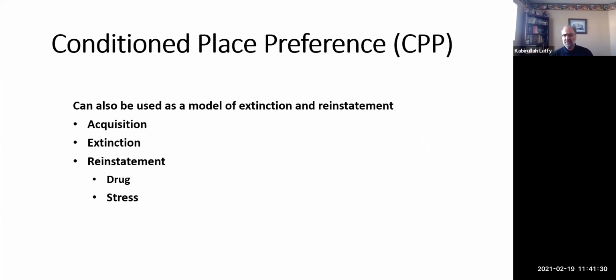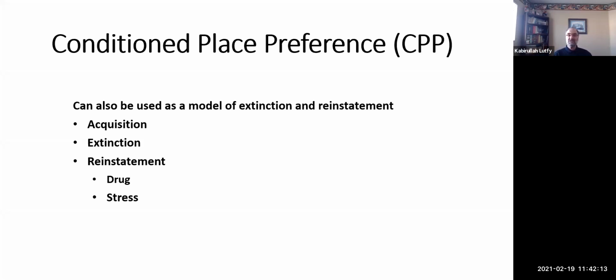You can use this for different phases of addiction, although people say it's not used as a model of addiction, but you can look at extinction, because all these models I'm talking about are based on learning. In this case, the animals learn to associate the subjective effect of the drug with the context, whether that context is a black chamber with a rod tactile cue, or a white chamber with a mesh tactile cue.